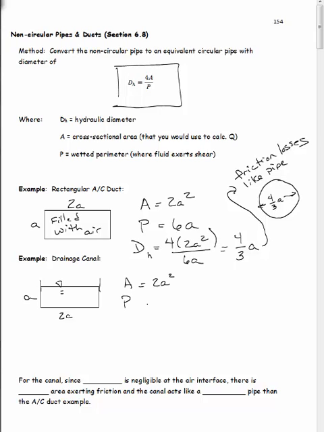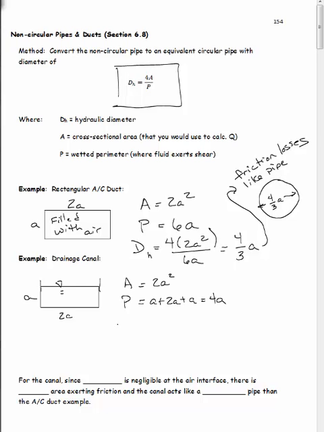And our perimeter this time is going to be a little bit different. So remember, the perimeter is only going to count if it's in contact with a solid wall, because the air interface here is just not going to exert very much shear. So we're going to just use our perimeter of A plus 2A plus A, 4A.